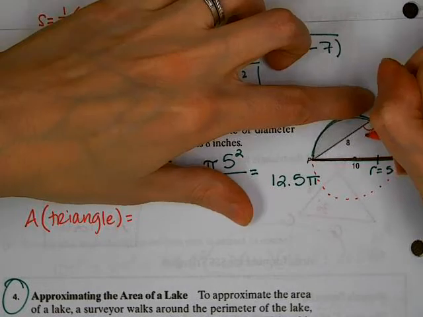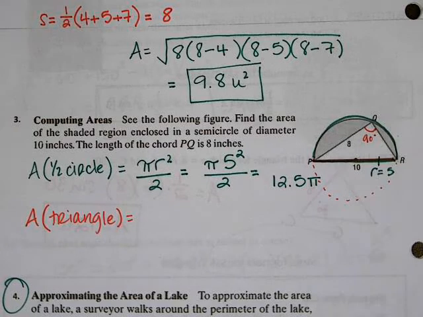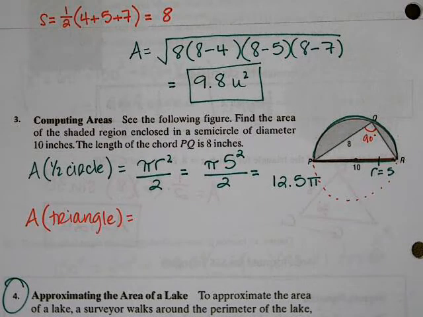The good news is it ends up being 90 degrees because it's half of 180. Remember, inscribed angles are always half of the intercepted arc. So good news, if it's a right triangle, we can find the area pretty easily. Just do base times height divided by 2.